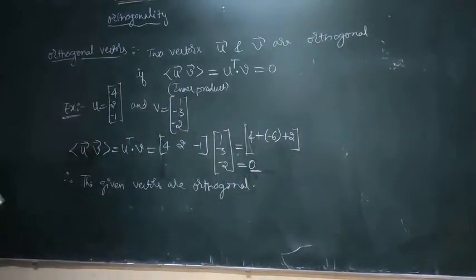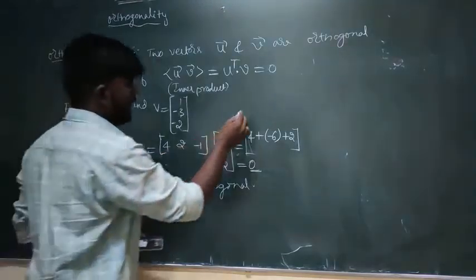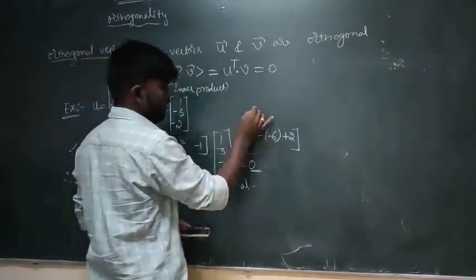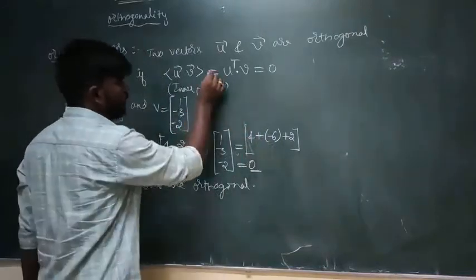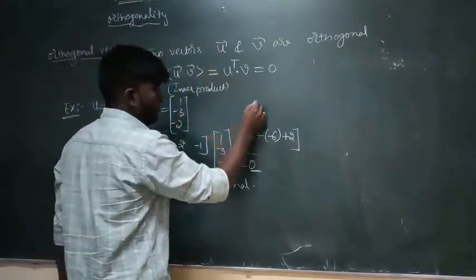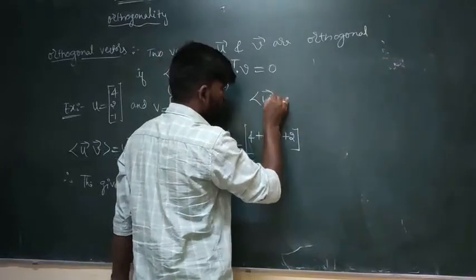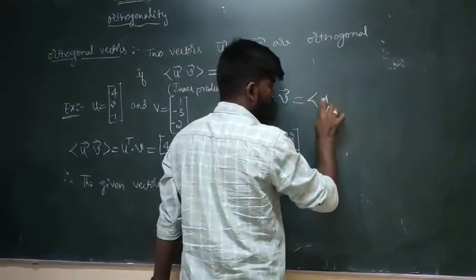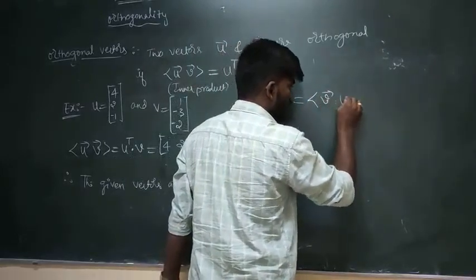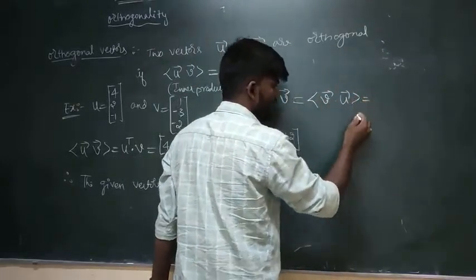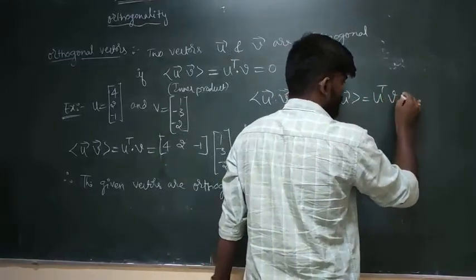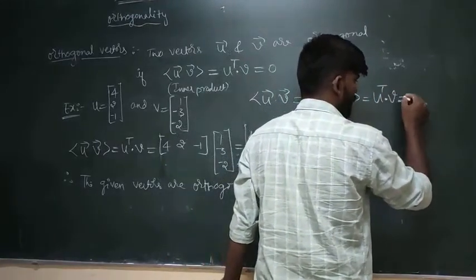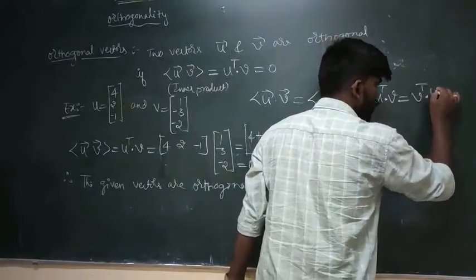We have one property of the inner product. It is commutative. How? The inner product of u and v is the same as the inner product of v and u, which is nothing but u transpose v as well as v transpose u.